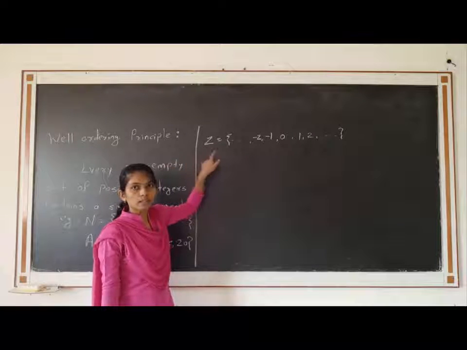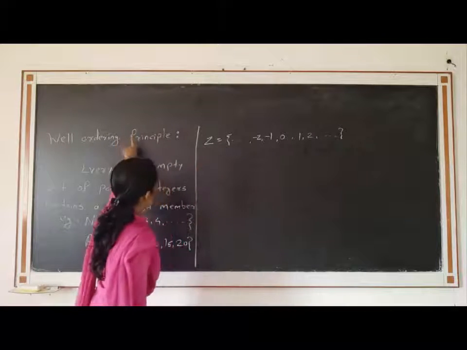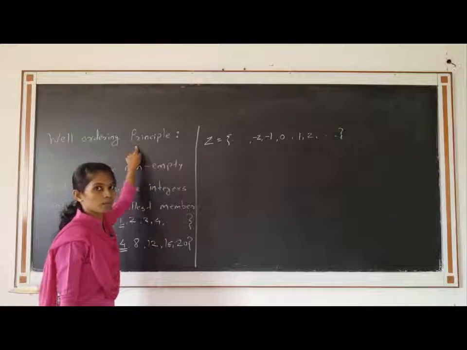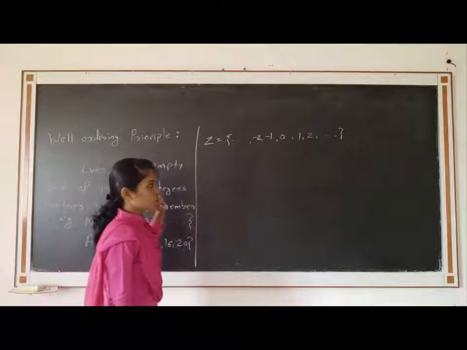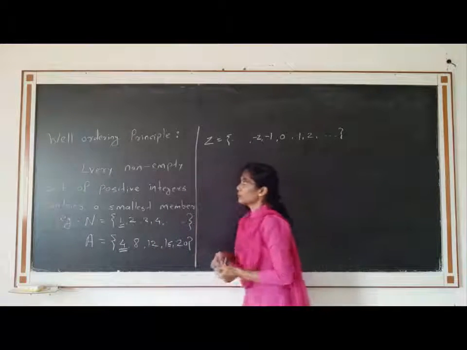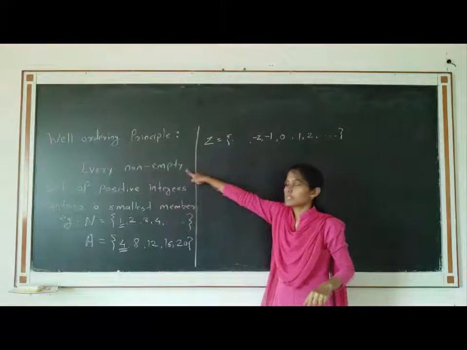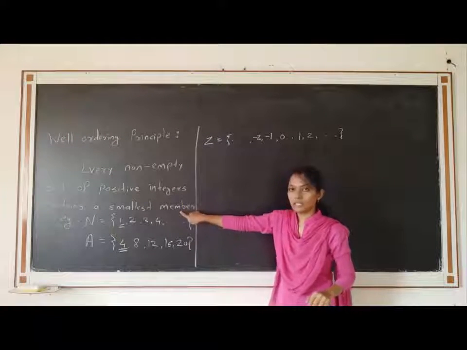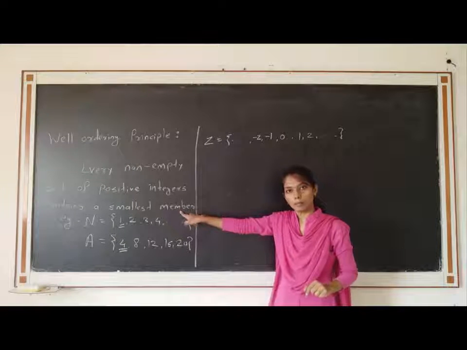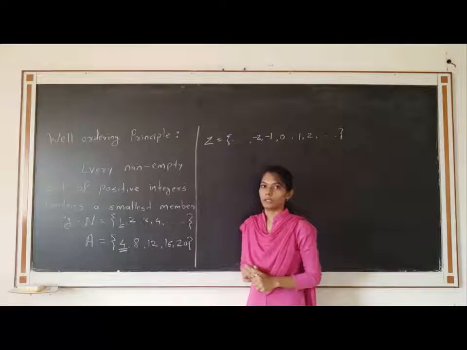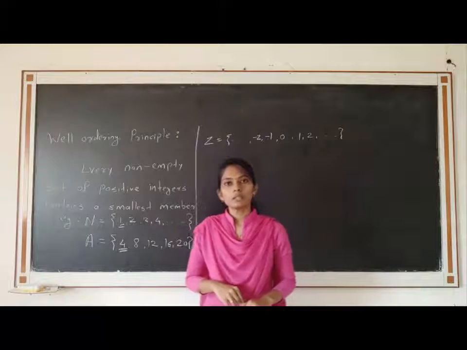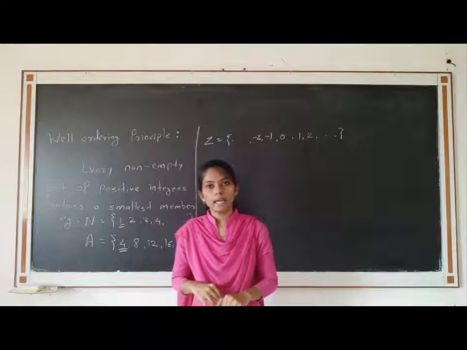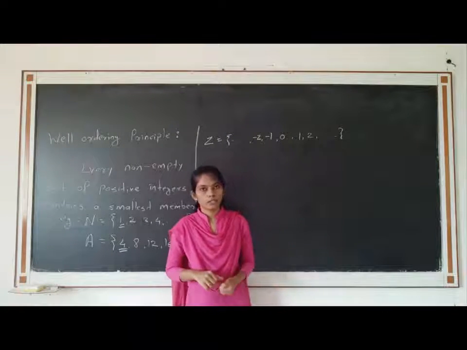So that's why this is not the example of well ordering principle. Okay. So in short, remember every non-empty set of positive integers contains a smallest member. Get it? Okay.